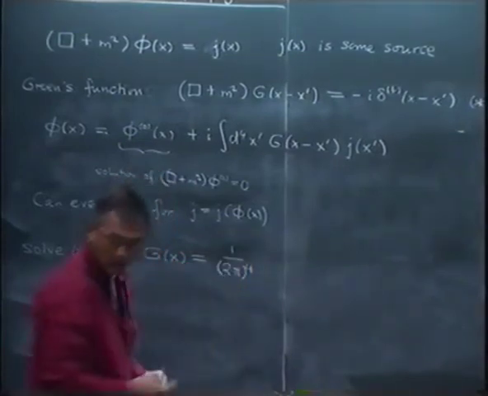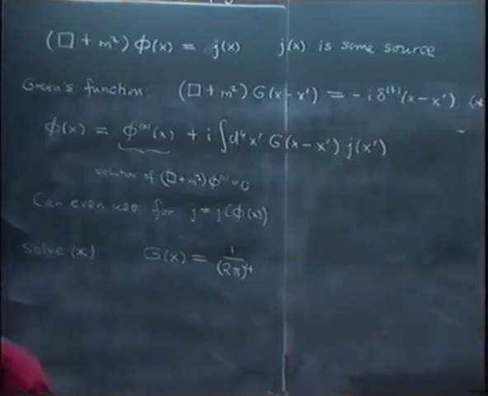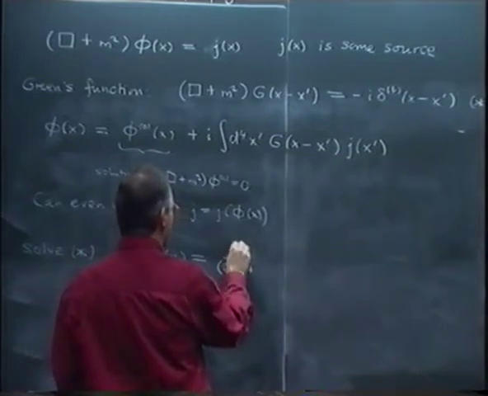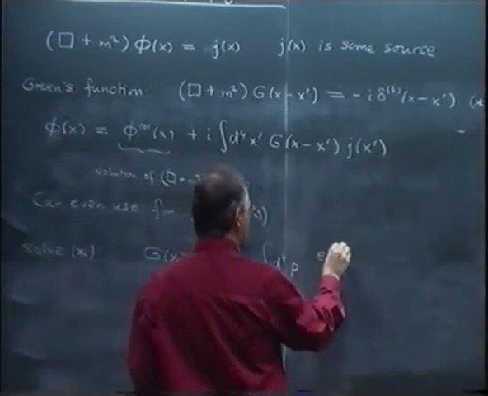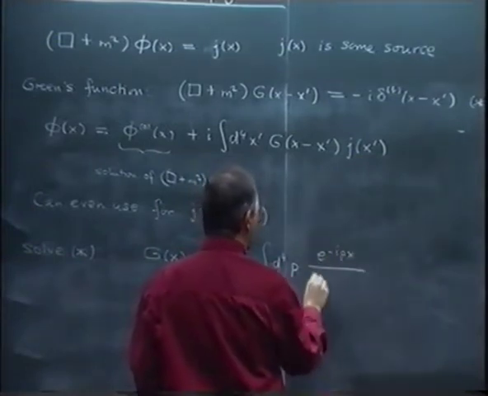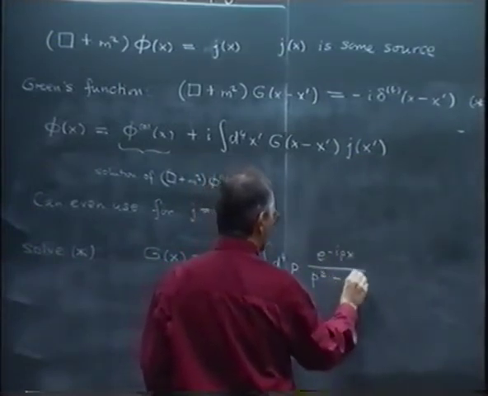So I should put an i here. i, d^4p times e^(-ipx) over p squared minus m squared.